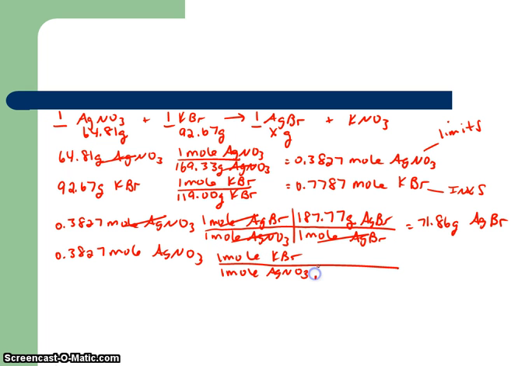And then I want to get that back to grams. So 1 mole of potassium bromide will equal my molar mass, 119.00 grams. So if all of my silver nitrate reacts, 45.54 grams of potassium bromide reacts with it.